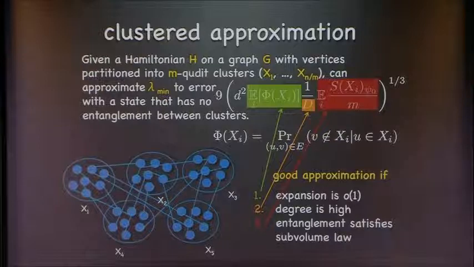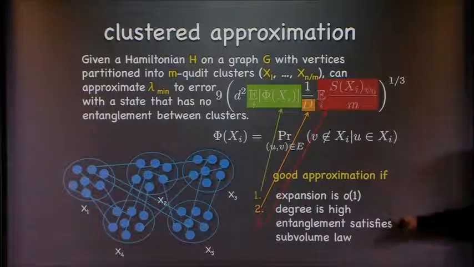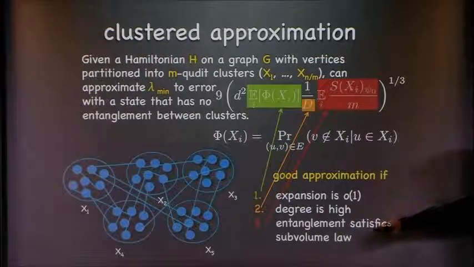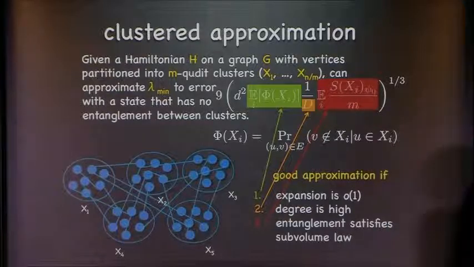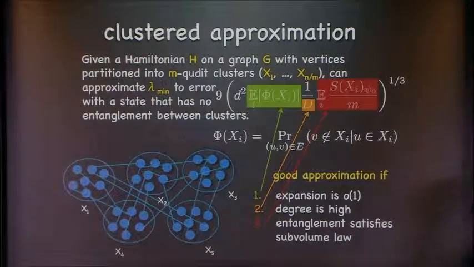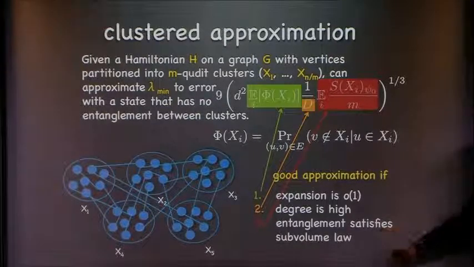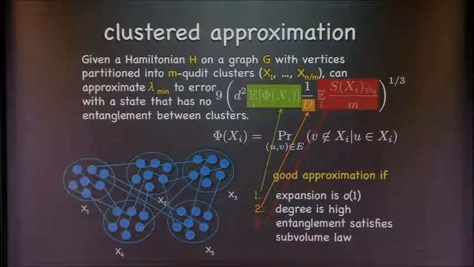So if you have a sub-volume law, substantially less than the maximum possible entanglement, then you can go further and even get a product state approximation. It's quite a jump to go from less than the maximum amount of entanglement to saying we can get an approximation with no entanglement. That will be a pretty good one in terms of the energy.